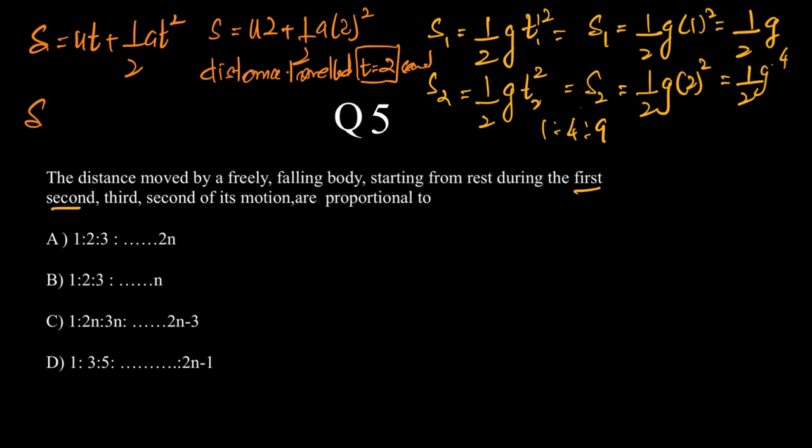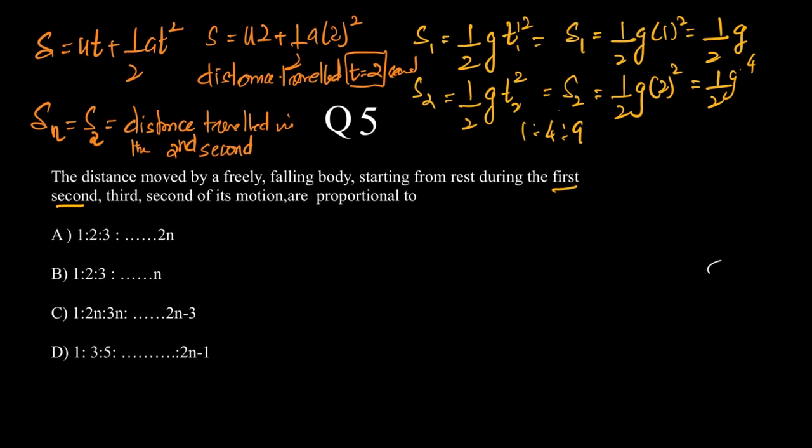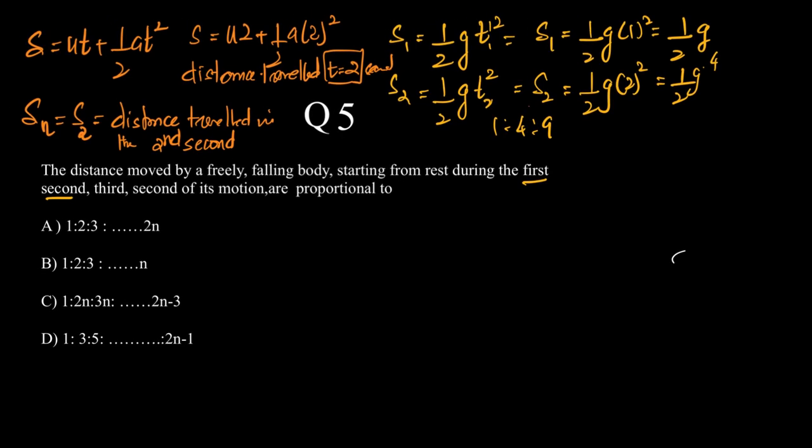But when you say S2, it means it is the distance traveled in the second second. So these are two different things: distance traveled in 2 seconds, versus the distance traveled in the second second. Now, how are they different? We'll have a detailed look at that.